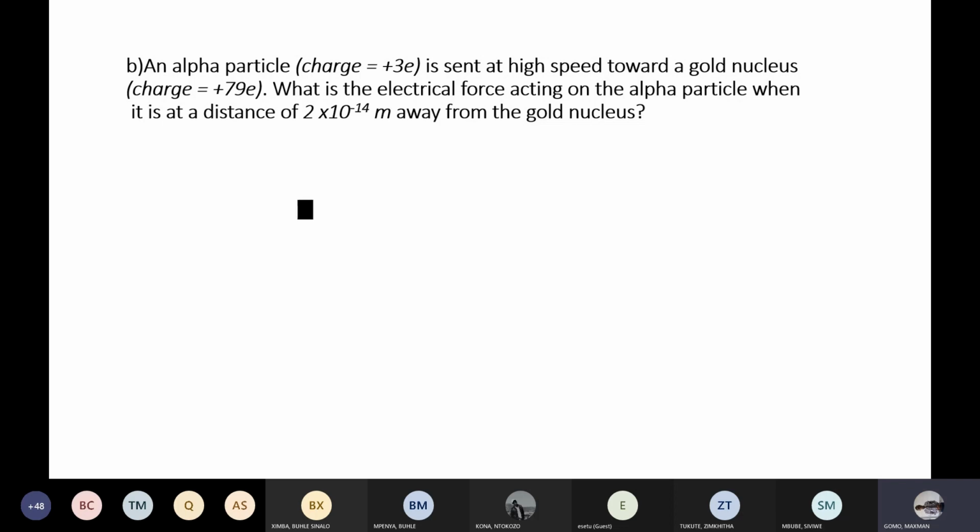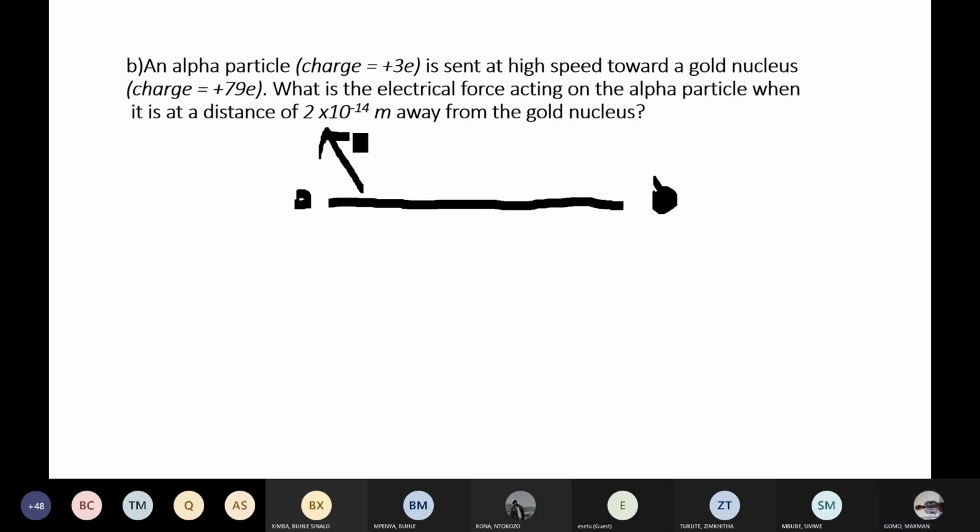So you've got a particle here, another particle there, and the distance between them is this. They're asking you for F, where this one is your Q1 and this one is your Q2.